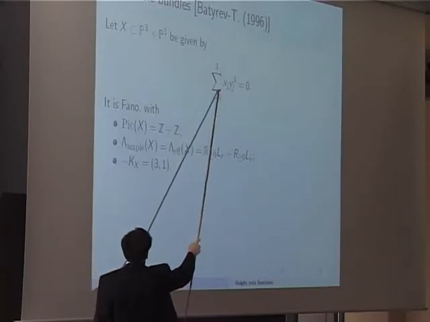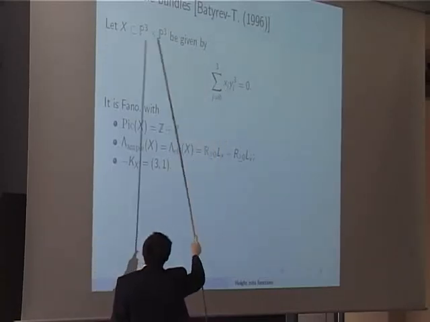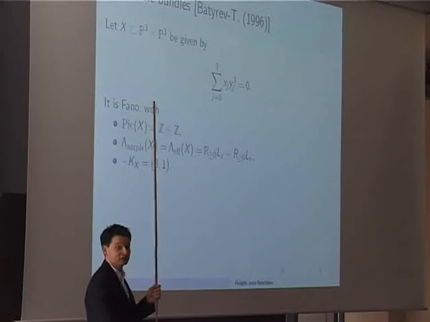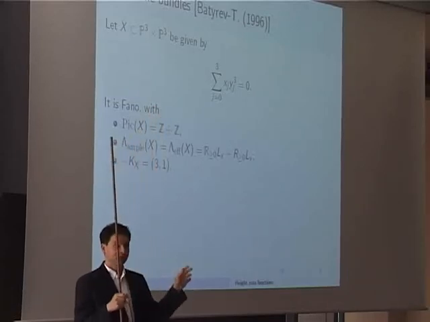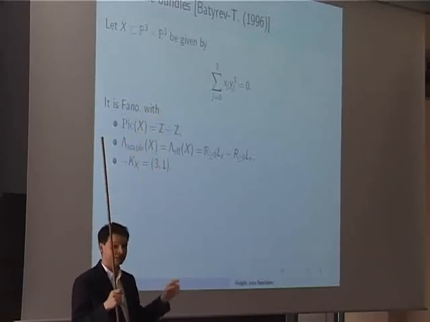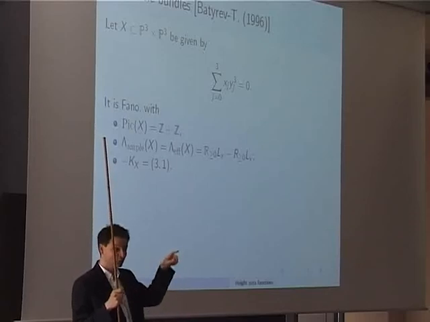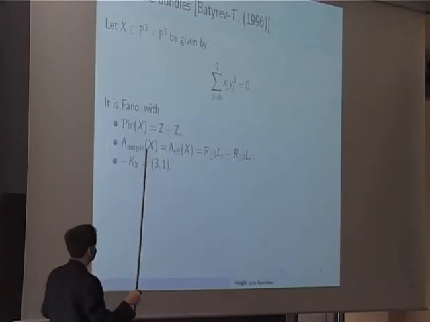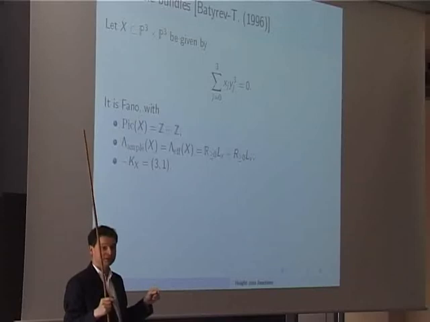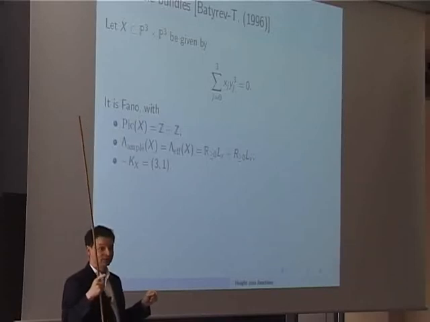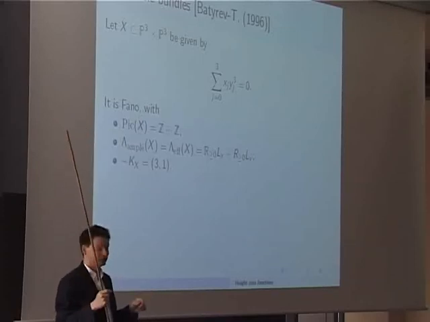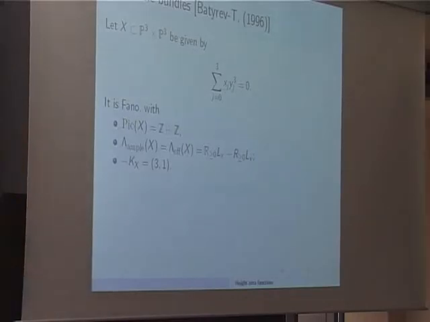So a height on this variety, say over the rationals, would be like this. Pick the x's coprime, and then you have the maximum of the x's cubed, times the maximum of the y's to the power 1, less than or equal to B. So this is the counting problem of interest.